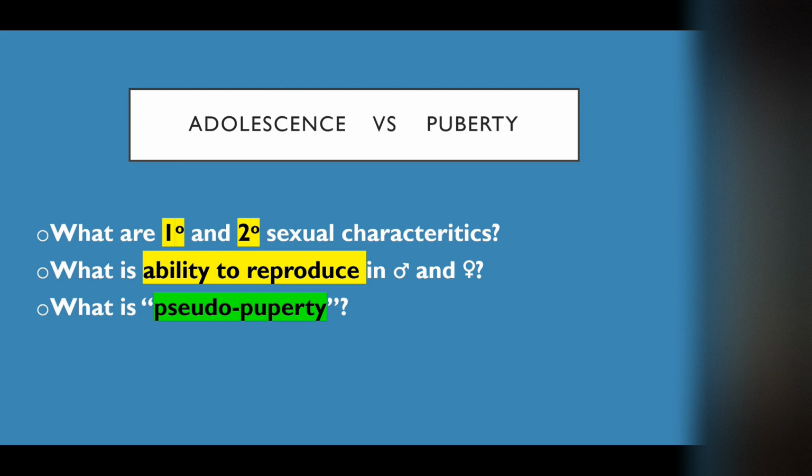Sean said primary characteristics present but lacking secondary. It's exactly the opposite: secondary characteristics with a lack of maturation of the primary. So you see a patient coming with beard, deep voice, broad chest, muscles, but his testicles are not mature. So he cannot reproduce, but he looks like he went through puberty. That's why it's called pseudo-puberty. He looks like puberty, but his gonads and everything needed for reproduction, the primary, are not mature.